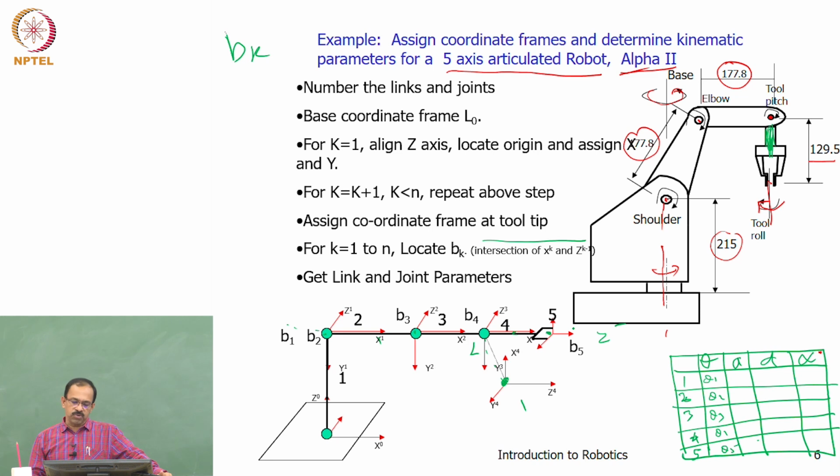So for this home position, you will see that there is a 90-degree theta. Yeah. So you can actually find that out, because this is x3 and this is x4. So there is a rotation. So you will find there is an angle between x3 and x4, x4 and x5, it will be there.